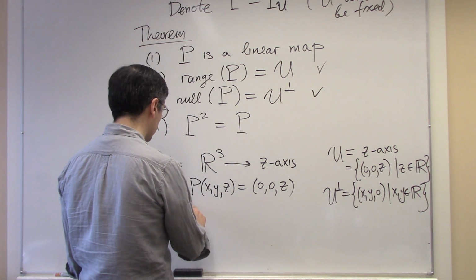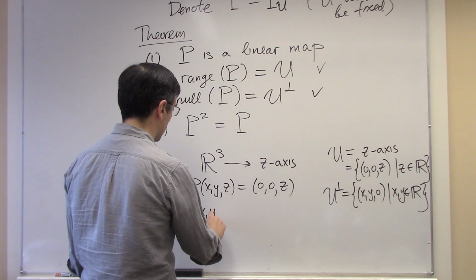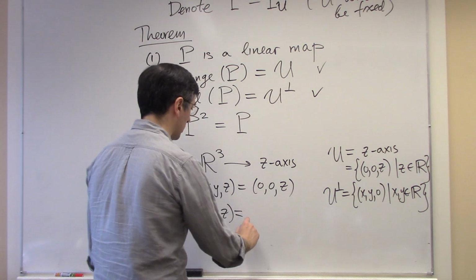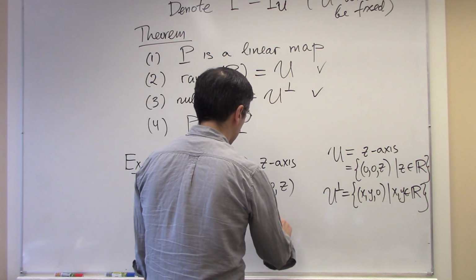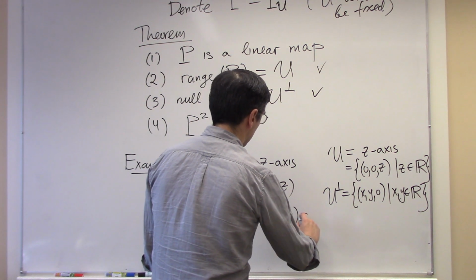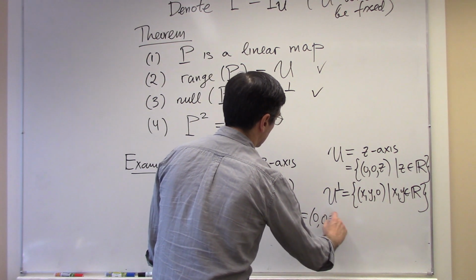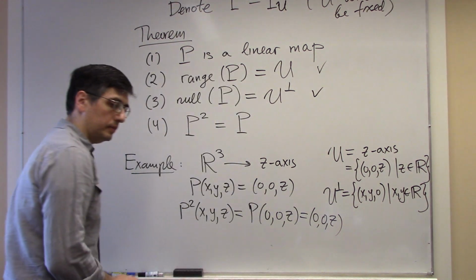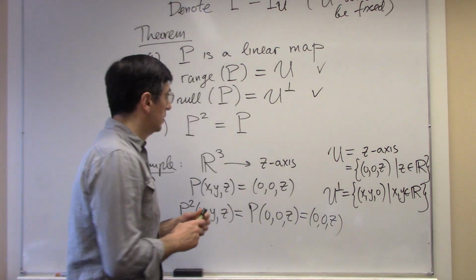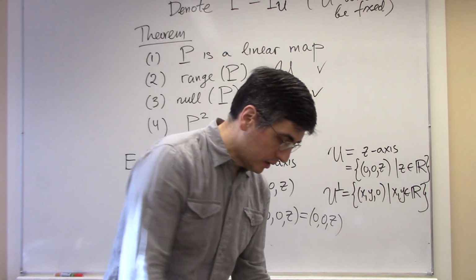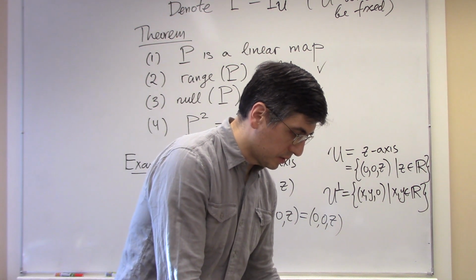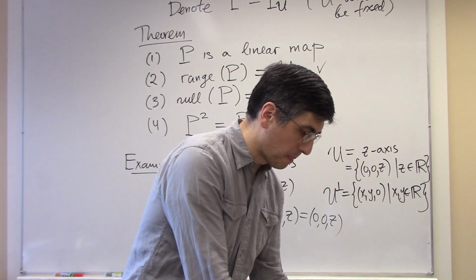So P squared of x, y, z is equal to P of 0, 0, z, and this is 0, 0, z. Alright, so that's the proof of that property.